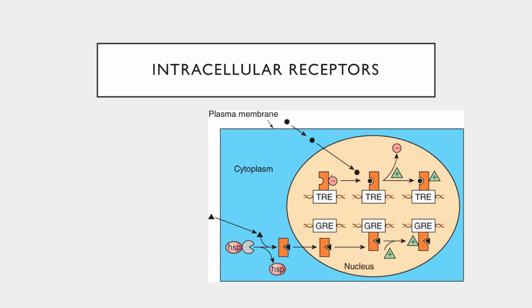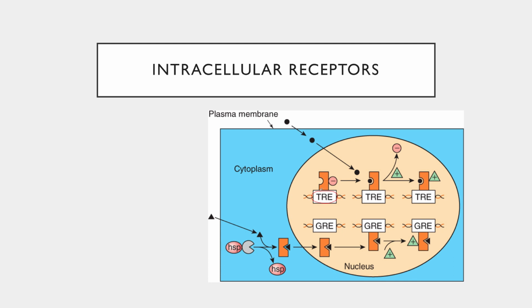So for this first class, we see that the receptor is already within the nucleus and bound to a response element. These response elements are DNA sequences that are unique and that the protein will bind to. These are upstream of genes that will be regulated.